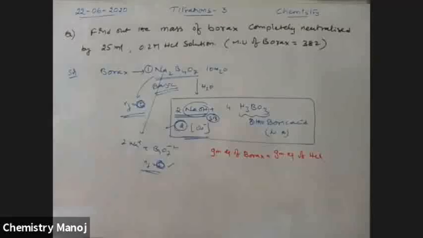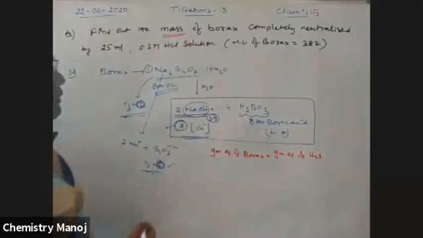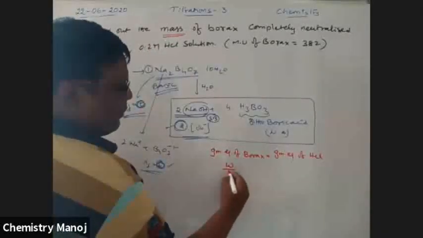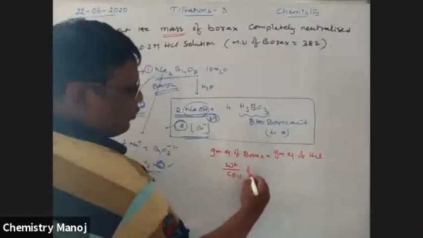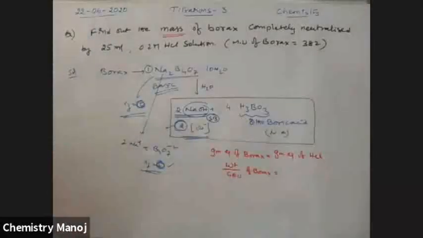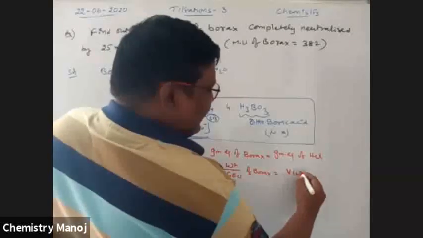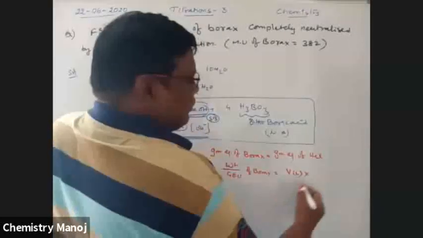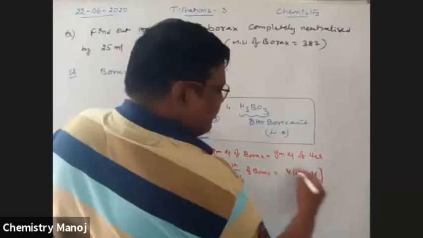Gram equivalents of HCl. Because we are calculating mass, gram equivalents equal weight by gram equivalent weight of borax, which is equal to volume in liters into normality of HCl.